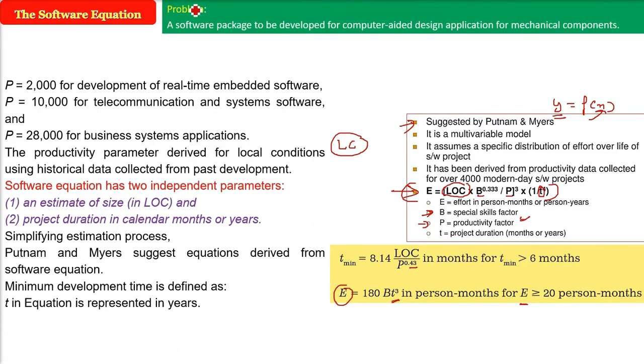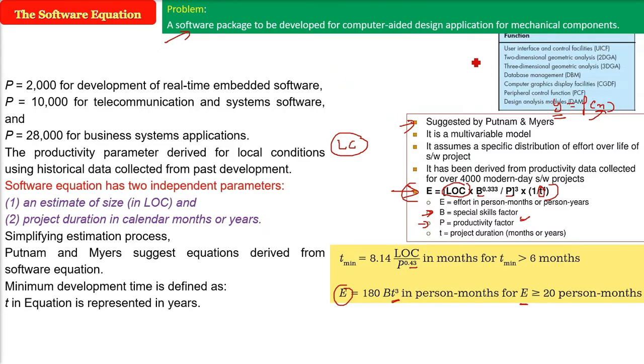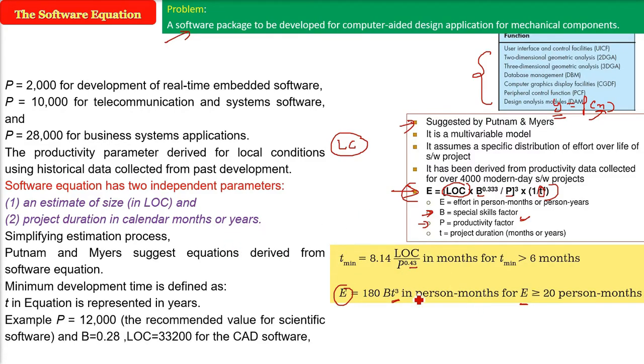Let us take an example here. You have to make a software package for a computer-aided design application, a CAD application, for mechanical components. Now you made the scope, you devised all the functions, and finally you are ready for the estimation. And let me tell you, all this we have done in the function point analysis, use case analysis. So we have the values.